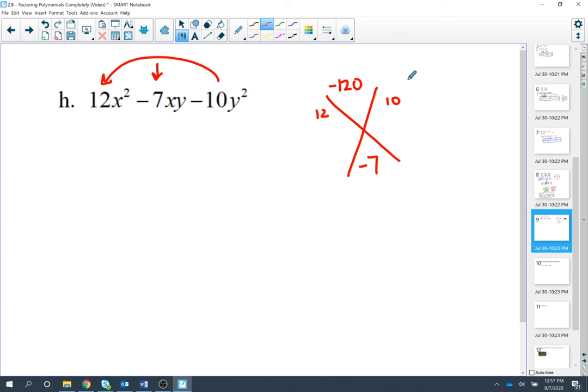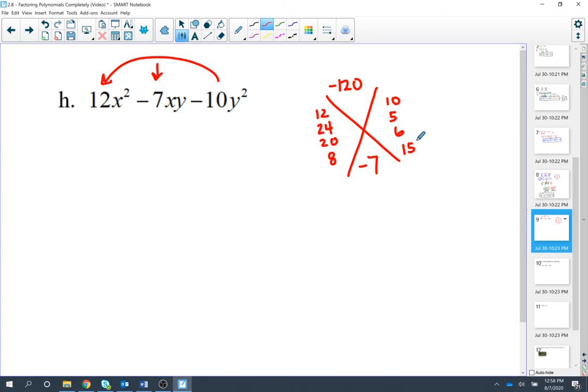120 divided by 5 is 24. But those aren't 7 apart. So 120 divided by 6 is 20. But those aren't 7 apart. 120 divided by 7 doesn't work. 120 divided by 8 is 15.